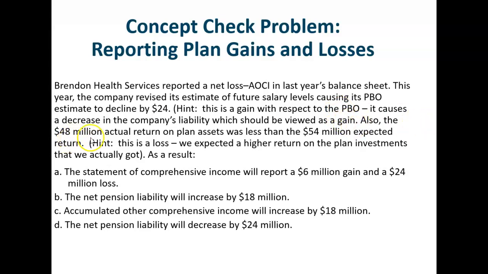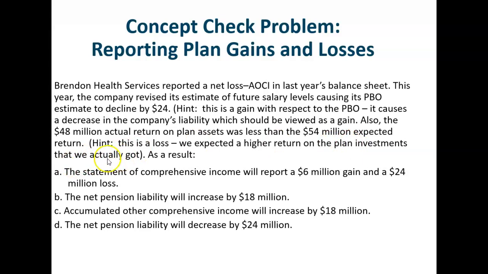Also, the $48 million actual return on plan assets was less than the $54 million expected return. Hint: this is a loss. We expected a higher return on plan investments than we actually got.